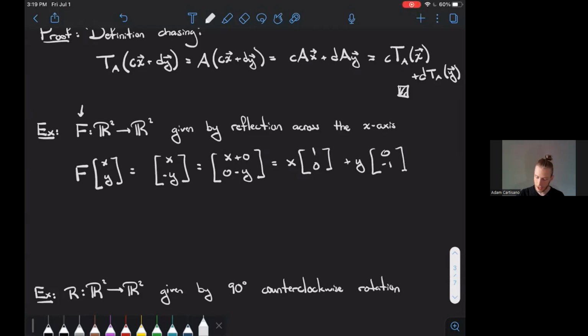But if you wanted to figure out what matrix we're looking at here, notice this matrix is exactly what you get when you multiply (x, y) by the matrix whose columns are just these vectors. So (1, 0), (0, -1).